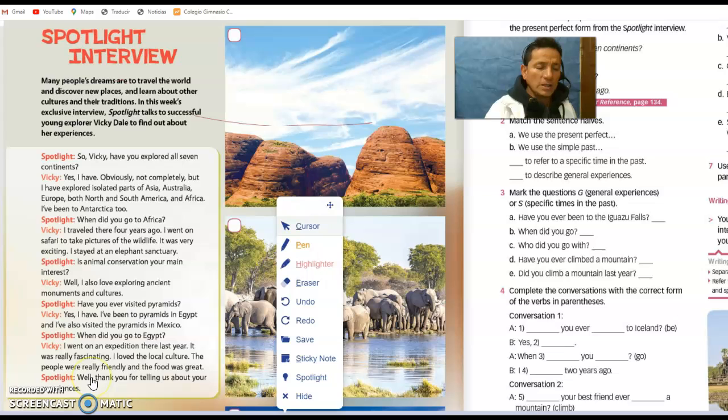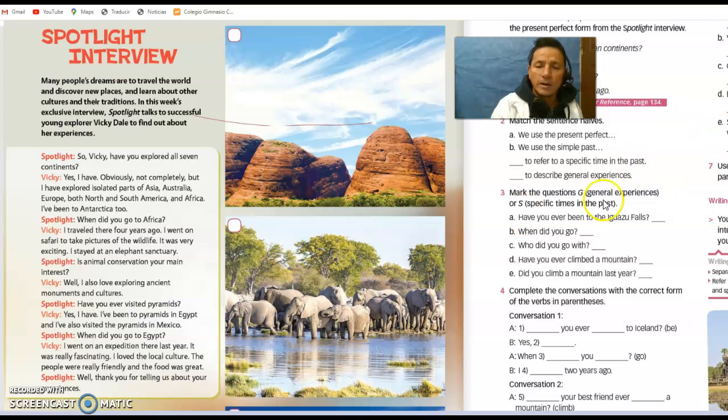All right, so activity two is just look at the verbs. Activity one, circle the words that you don't understand. You can even write the verbs here that you don't understand.